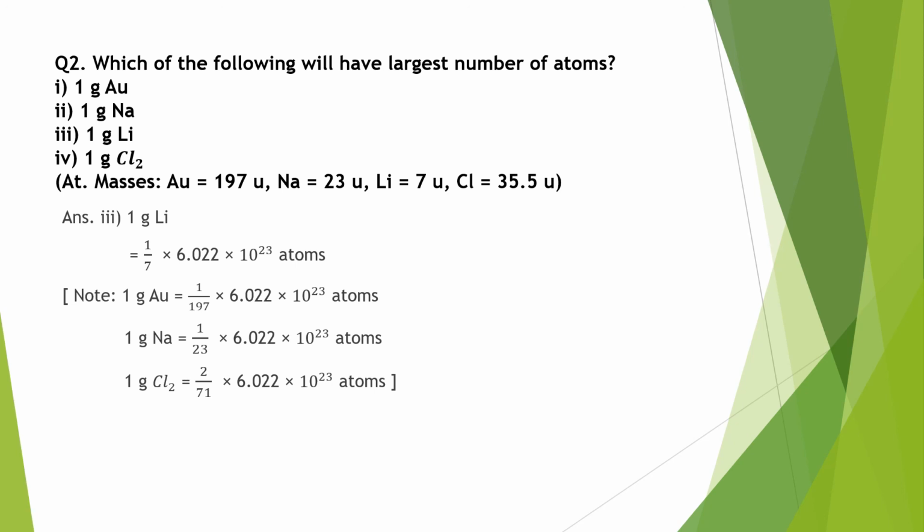When we compare the denominators for lithium, gold, sodium and chlorine, we see that it is highest for gold and lowest for lithium. That's why we get more moles in 1 gram of lithium. When we multiply the number of moles by Avogadro number, we get the largest number of atoms in 1 gram of lithium.